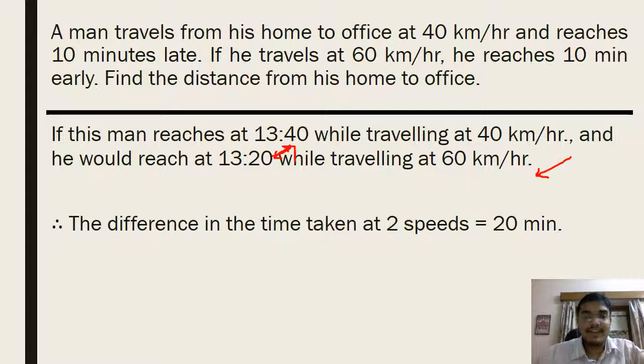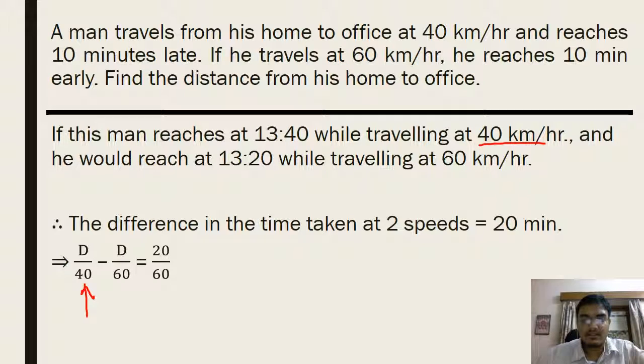So can we say that T1, when he was traveling at 40 kilometers an hour, minus T2, when he is traveling at 60 kilometers per hour, should be equal to what? 20 minutes, right? Let us see how we can write that. So d upon 40 is the time required when he is traveling at 40 kilometers per hour. We have taken the distance as d.